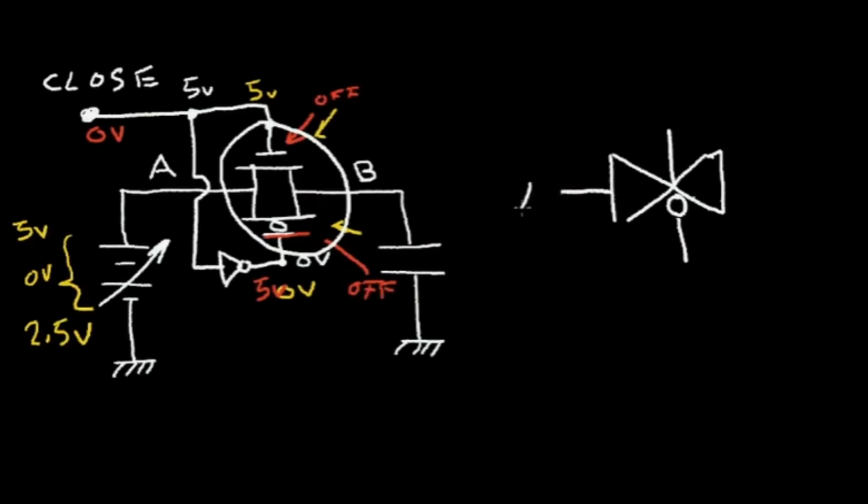This is our point A, this is our point B. This is the gate of the NMOS, so it's the gate of the N channel, and this is the gate of the P channel. So when this gate is high, this gate of the P channel is low, and we have conduction from point A to point B. So this is just a simple way of drawing these two transistors.